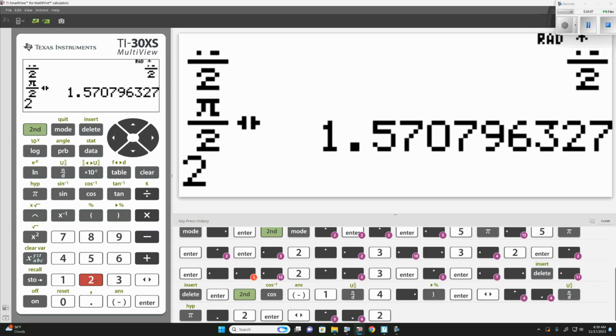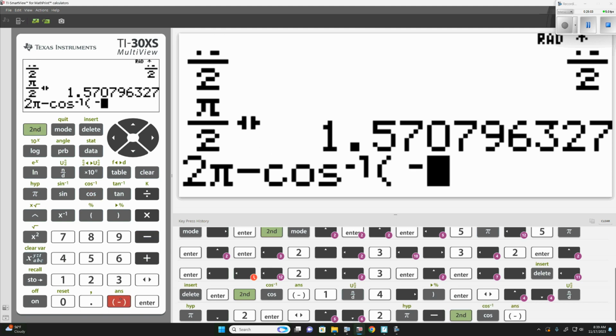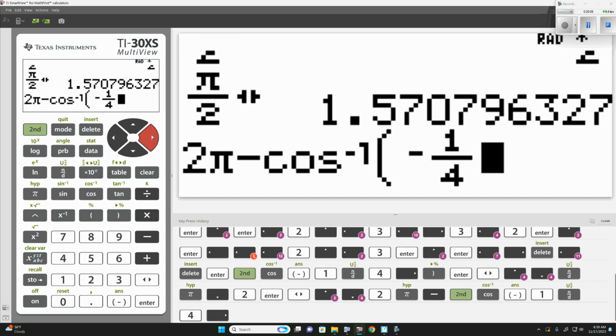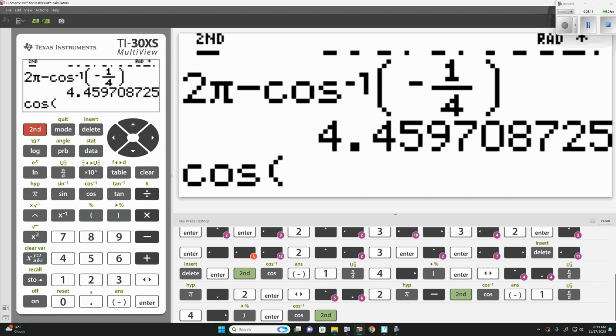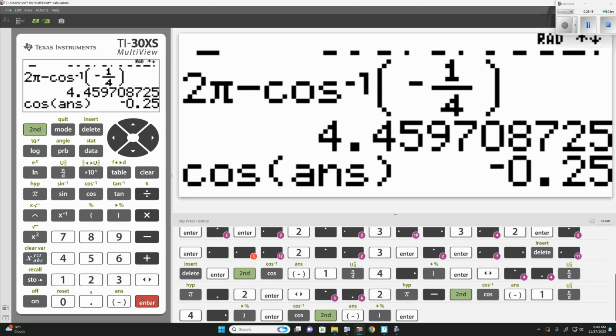And we can see that this is true because 2 pi minus cosine inverse of negative 1/4 is this here. And if we take cosine of the second answer, we get negative 0.25, which is what we want.